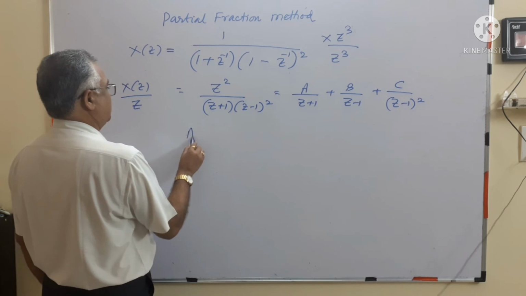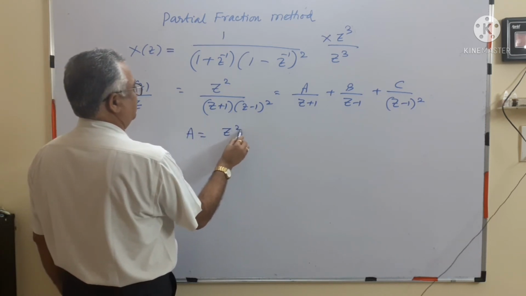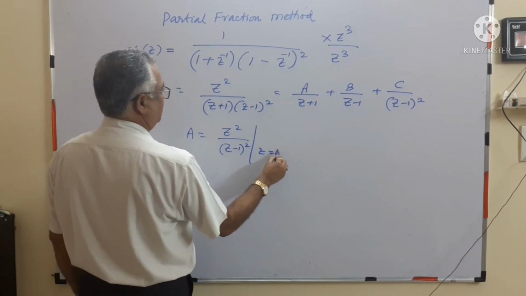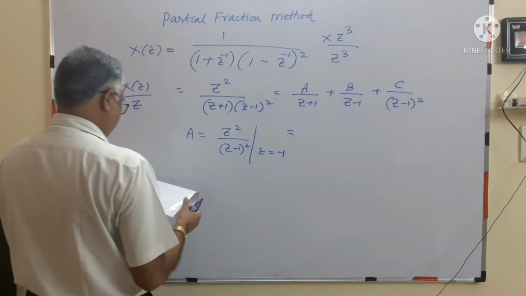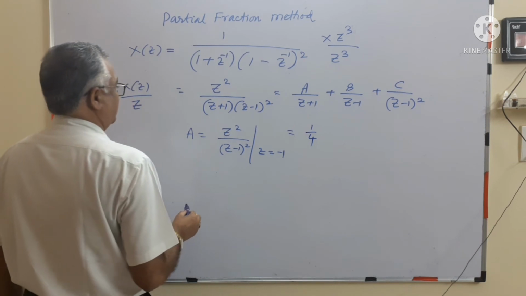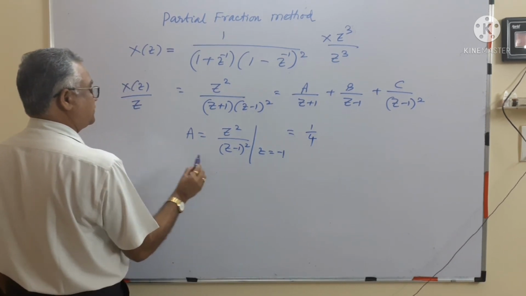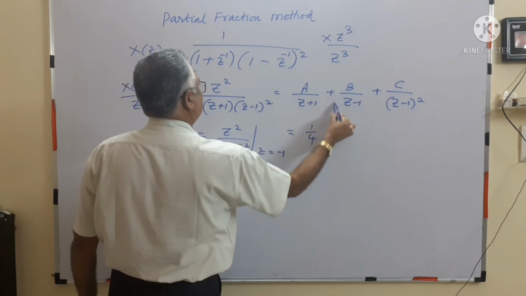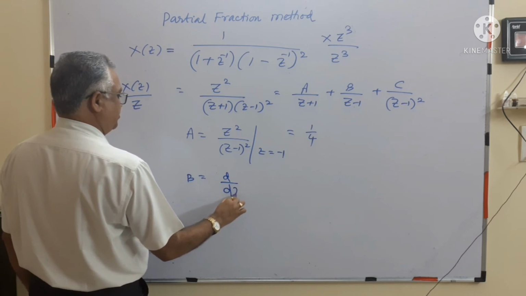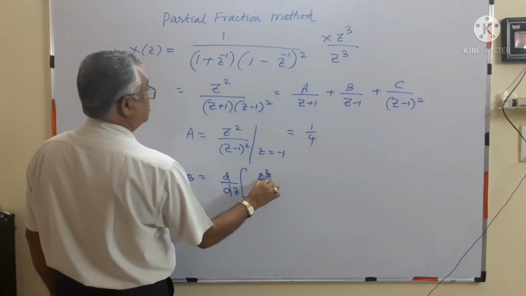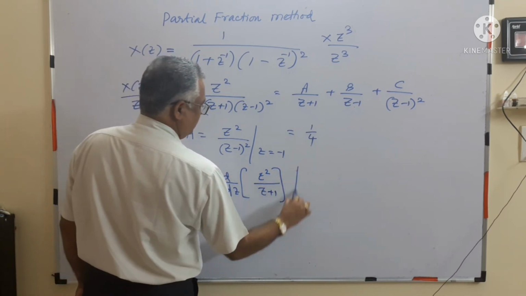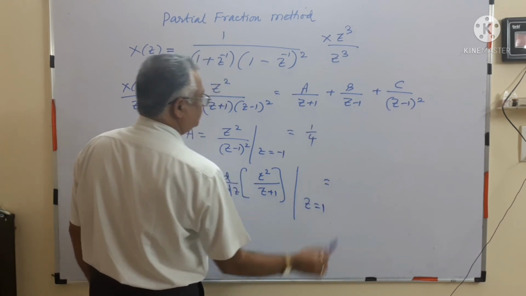So A is straightforward: z square by (z minus 1) square at z equal to minus 1. Simplify, A answer is 1 by 4. Whereas for B, this term totally cancels. d by dz of z square by (z plus 1) at z equal to 1.